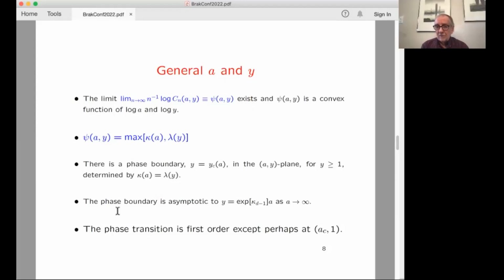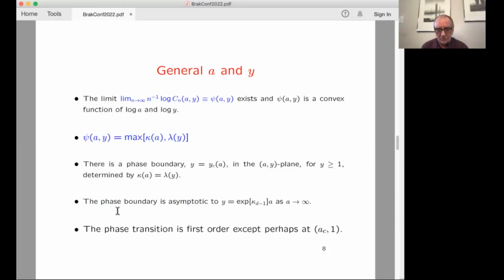So there's a phase boundary, call it y equals yc of a in the a-y plane when y is bigger than 1 and when a is bigger than ac, and that's determined by the question of when kappa of a is equal to lambda of y. So if I solve the equation kappa of a equals lambda of y, that determines the phase boundary. I can put in the asymptotics that I have for lambda of y and kappa of a for large a and large y, and that tells me that the phase boundary is asymptotic to y equals a times e to the power kappa d minus 1 as a becomes very large.